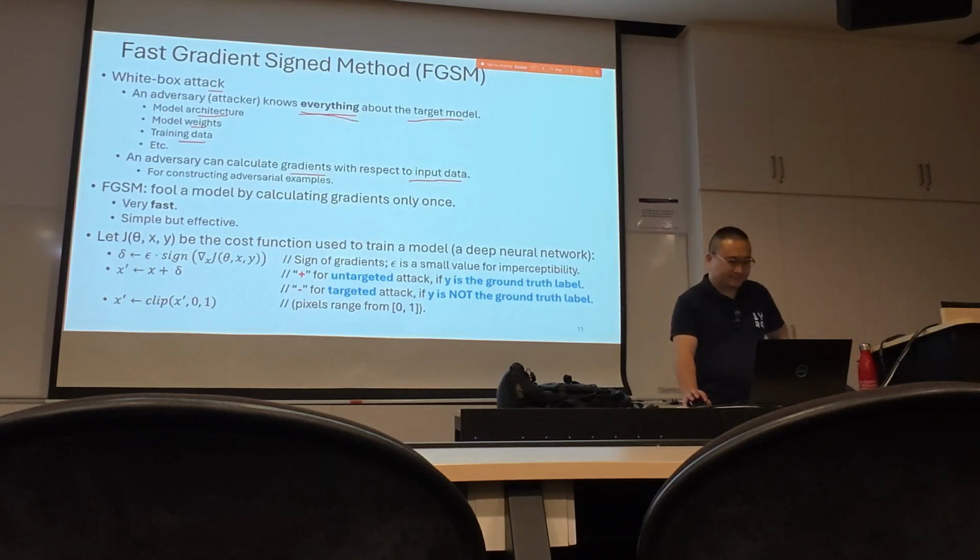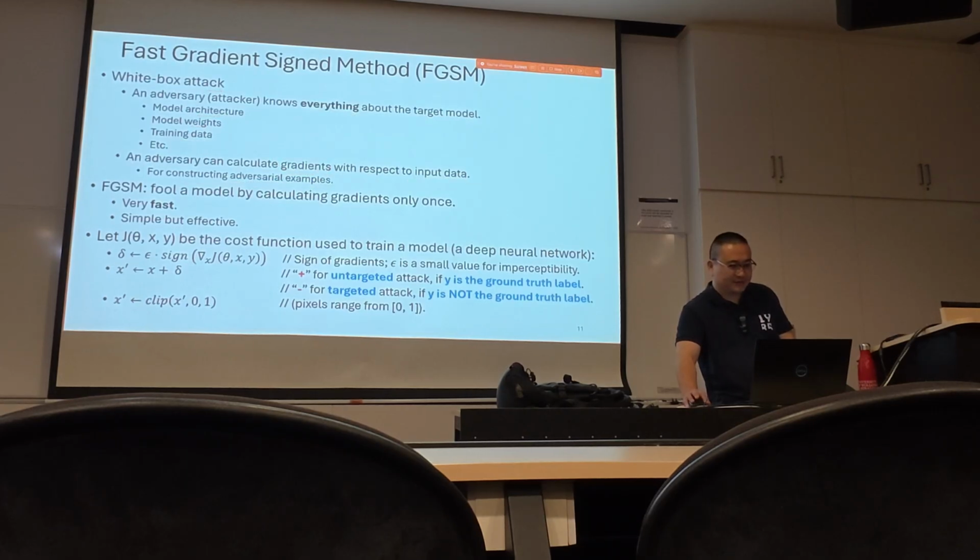So here is the key. Because the attacker knows everything, including the model weights, nothing stops the attacker from calculating gradients with respect to the input data. And the gradients are very useful to generate the attacks. And here we name the attacks as adversarial examples.